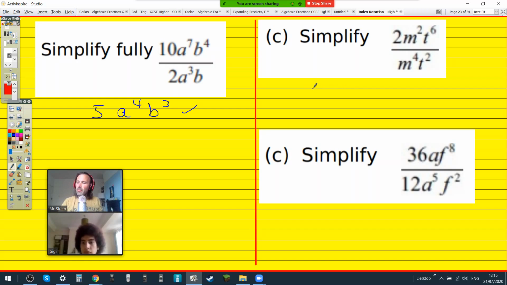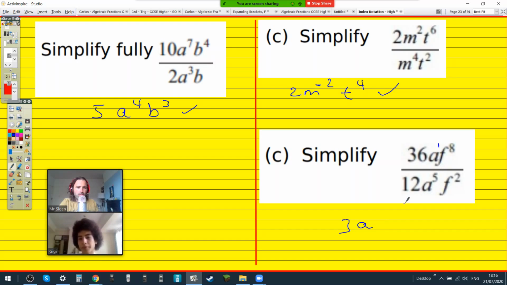Okay, next one. There's a little trick in this. 2m to the power of -2 and t to the power of 4. 3a to the power of 6.